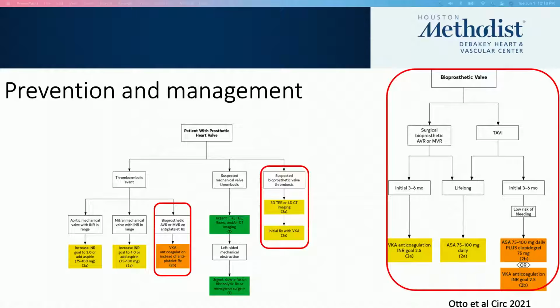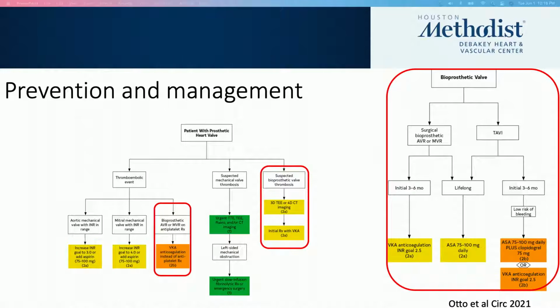With respect to prevention and management, these are the two new algorithms by the 2021 AHA valve guidelines, suggesting that in patients with prosthetic valve thrombosis, first of all, they should be worked up with 3D TE and 4D CT.